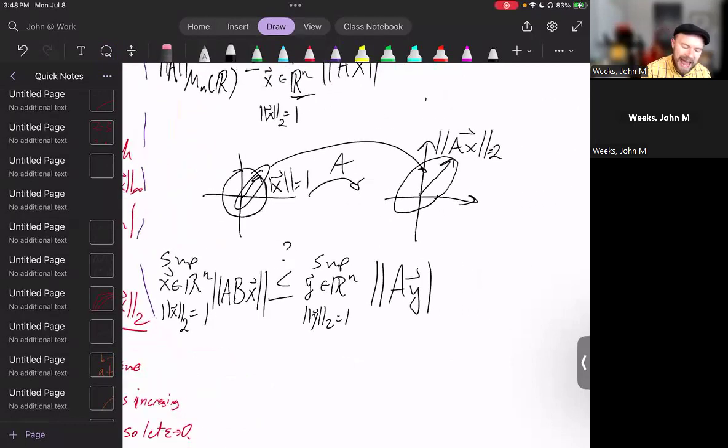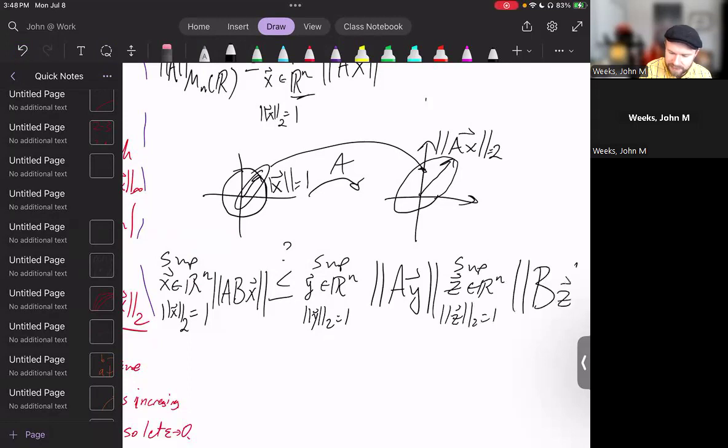And we're going to ask if this is less than or equal to the norm of A. Here I'm using y to kind of distinguish it from x to say that those could be different vectors, times the supremum over all z in Rn, such that the norm of z is equal to 1 of B times z.